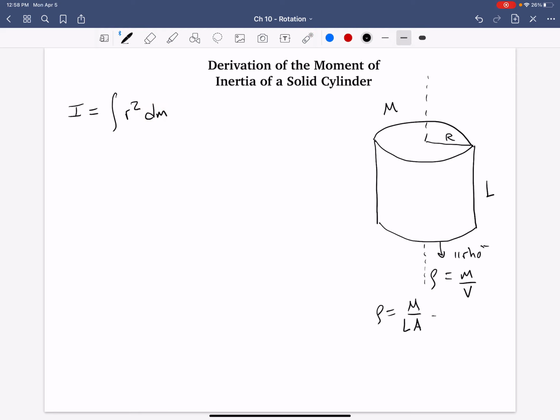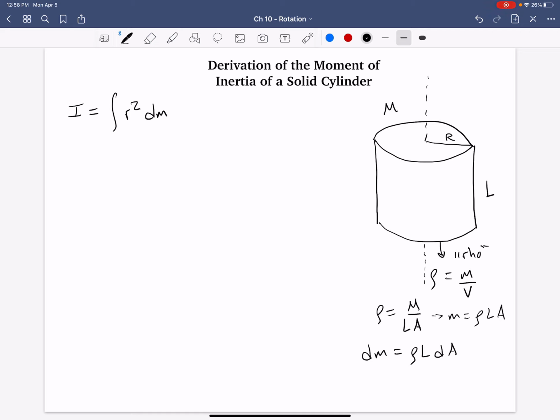So let me solve this for m. That gives us rho L A. Now, taking the derivative of both sides, the mass density rho, by definition in this case, remains constant. The total length of the cylinder doesn't change. But what will change is the area.